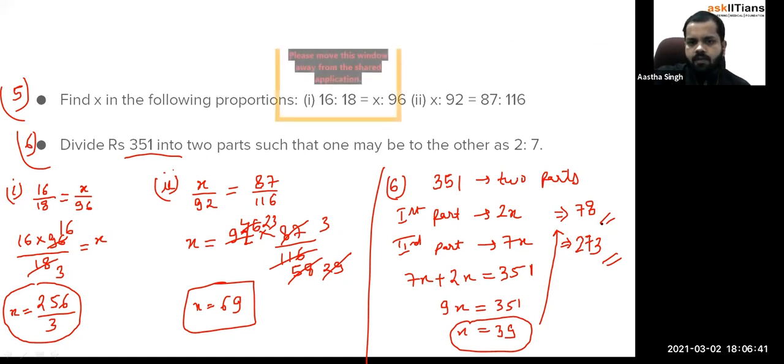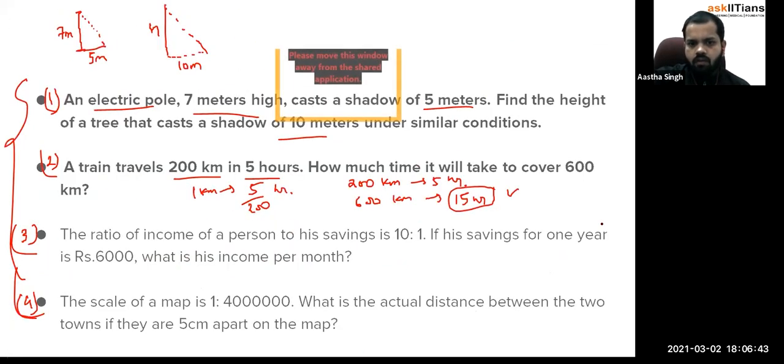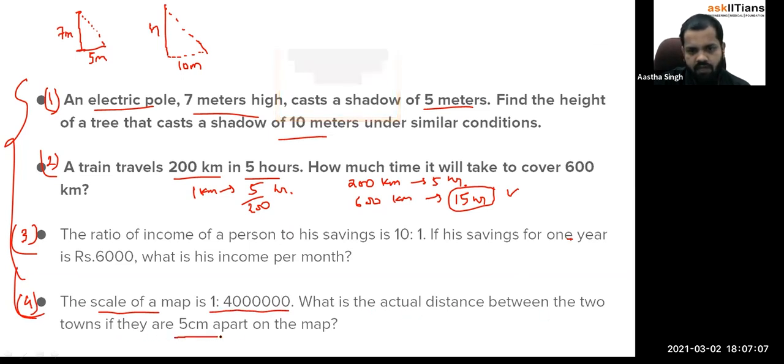So I think the point is clear to you, let us do the fourth question we have left. The fourth question says the scale of a map is this much. Ratio is given. What is the actual distance between the two towns if they are 5 centimeters apart on the map?